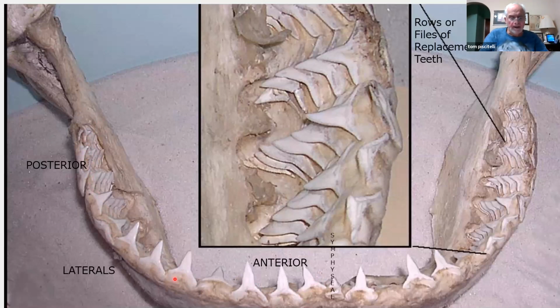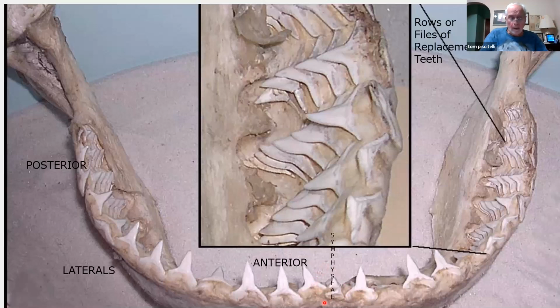And at the very center of the upper or the lower jaw, there is usually a smaller distinctive tooth, which is called on the upper a parasymphysial, or in the lower a symphysial tooth. There's only one of these teeth, or sometimes there may be more than one, but mostly there's one in the jaw, so they are very rare.